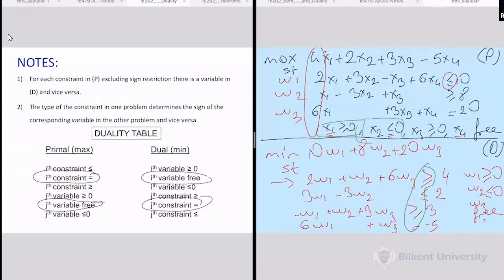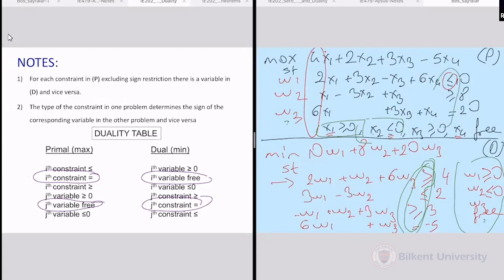Correct variable comes with a correct sign. Reverse variable comes with a reverse sign, all right? Sometimes reverse sign is greater, sometimes it's less, depending on if you're a min or a max problem, all right? So the signs in here, the greater than, less than, or equality, are determined by the domains of their respective variables, all right? And the domains of the variables are determined by the signs of the constraints.